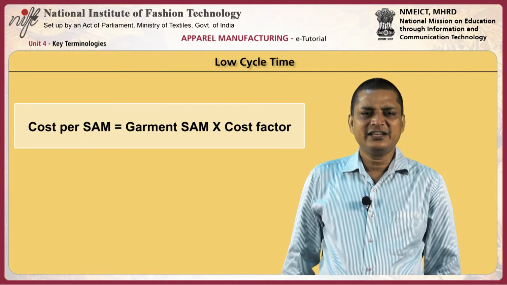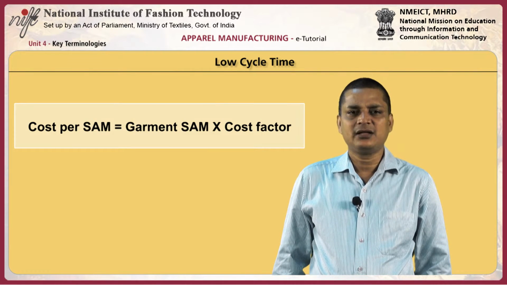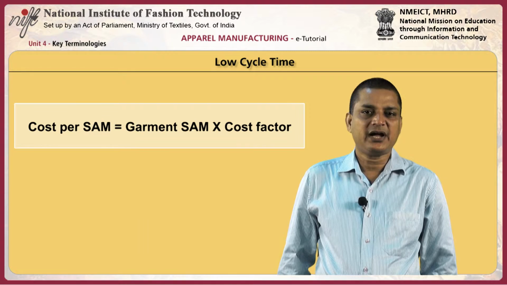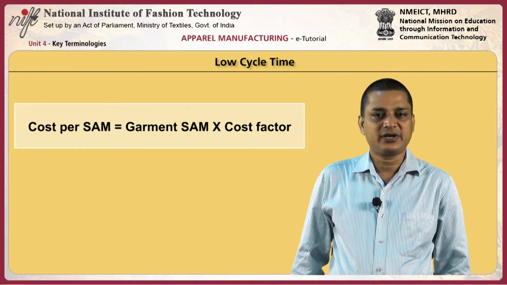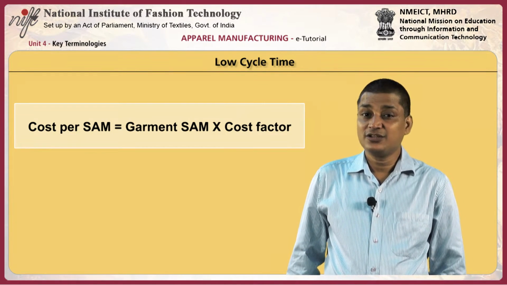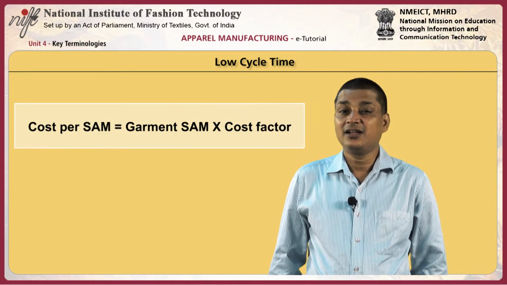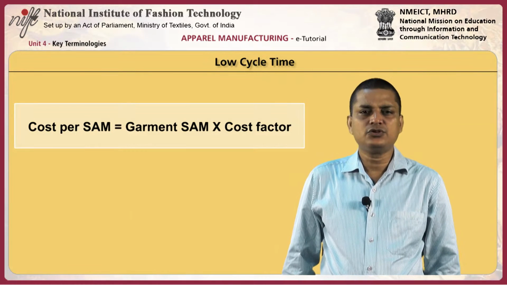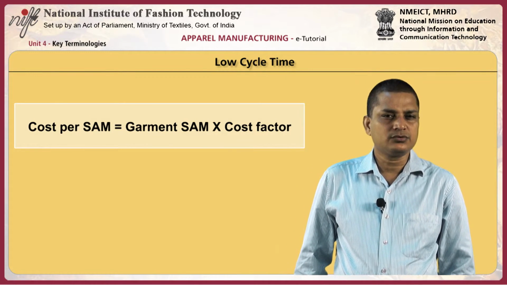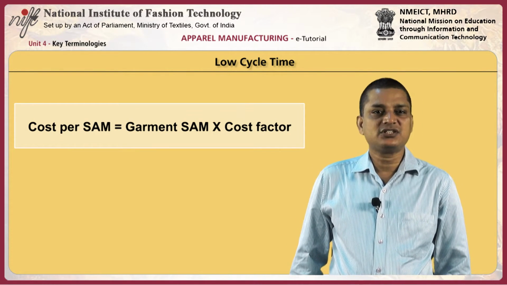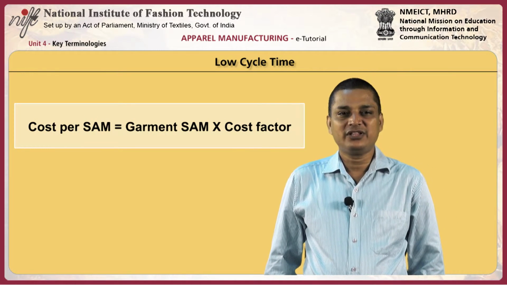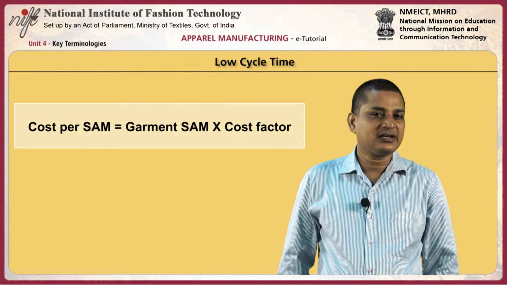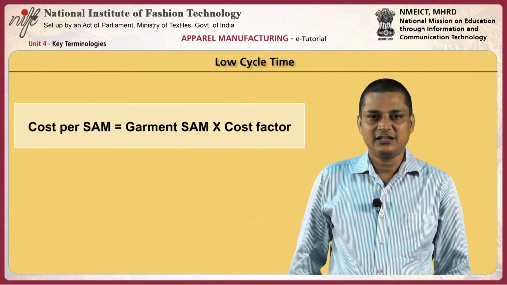Or simply, instead of cost factor, you can multiply garment standard allowed minutes by average labor salary per minute, which represents cost factor calculated at 100% efficiency. Whatever method you use must be clear to everyone. For persons who see the report within the factory, cost per standard allowed minute is fixed for a style.